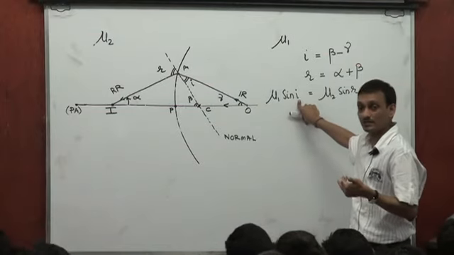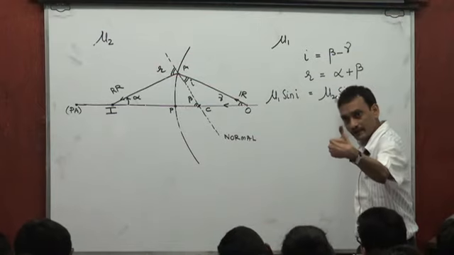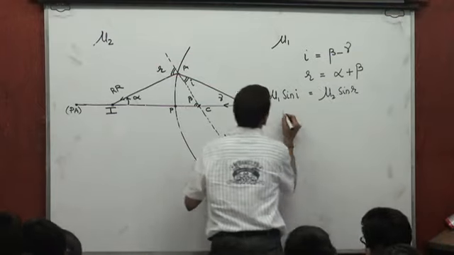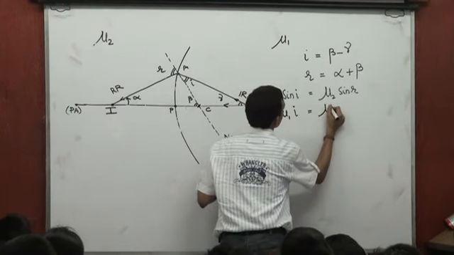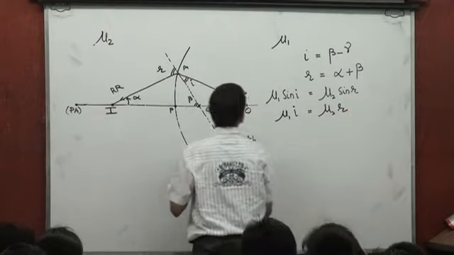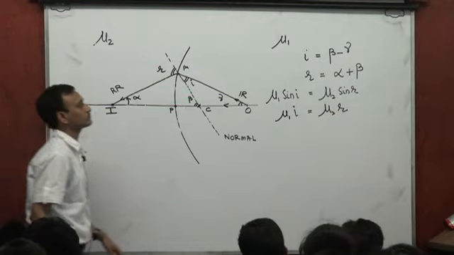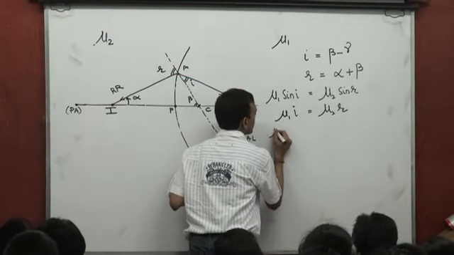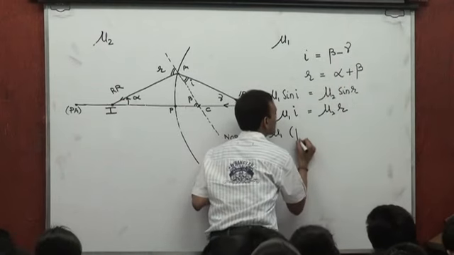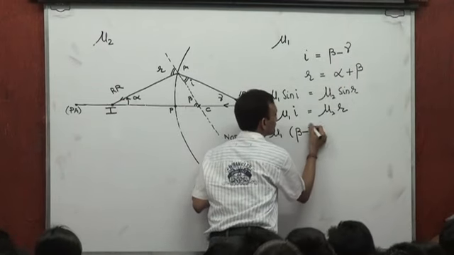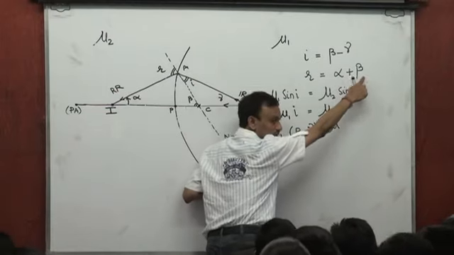So then I have mu1 times I is mu2 times R, which means mu1 into I, which is beta minus gamma, is mu2 into R, and R is alpha plus beta.